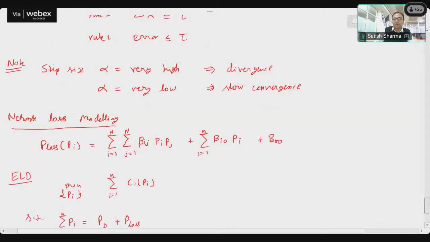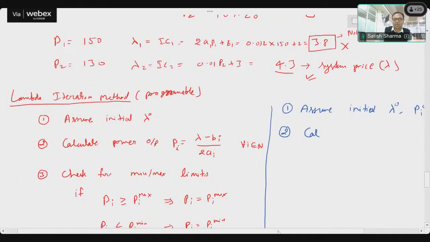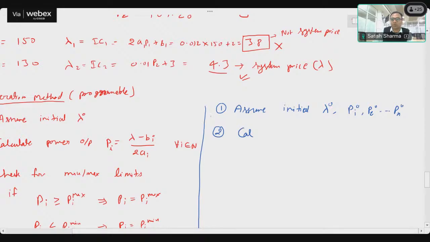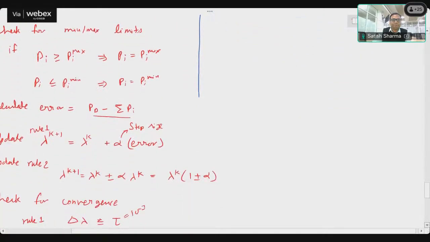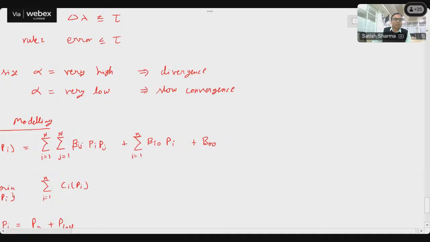So with these particular initial values of P node, I will calculate del P loss upon del Pi. Generally we name them incremental losses of the ith generator. So what will these values be? We have a certain formula for the losses, depending upon Pi and Pj.